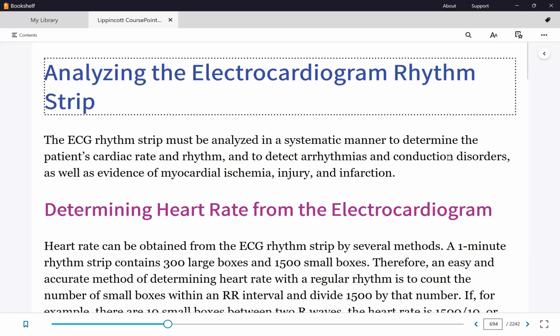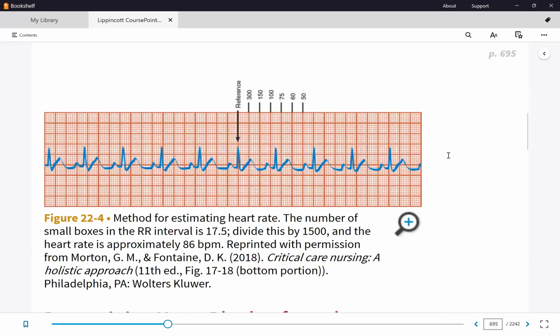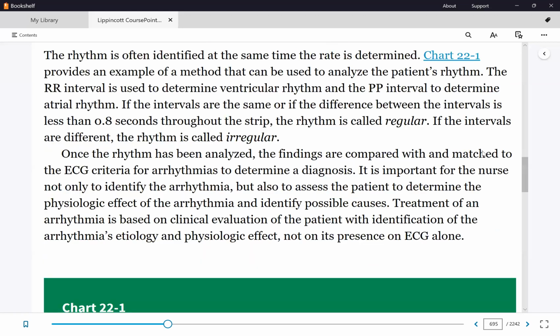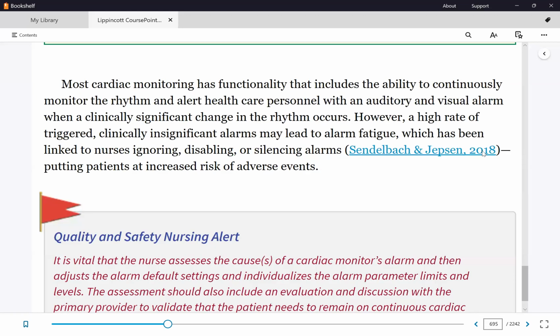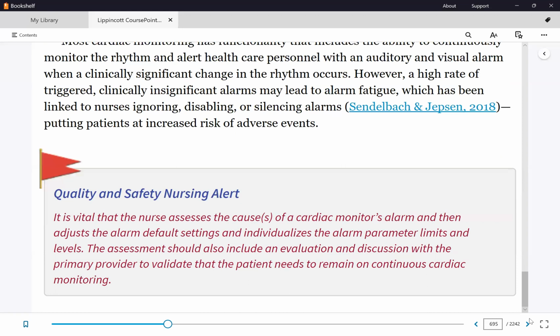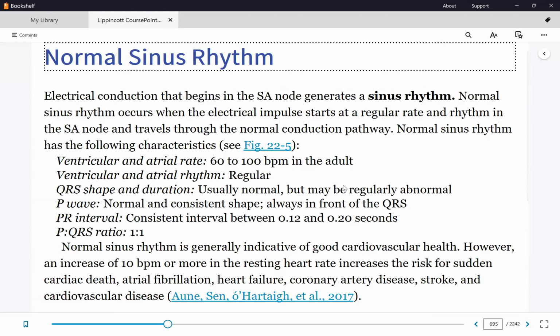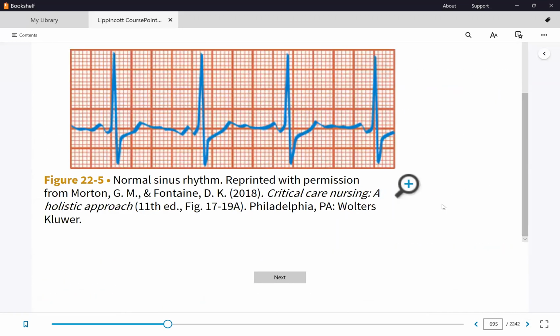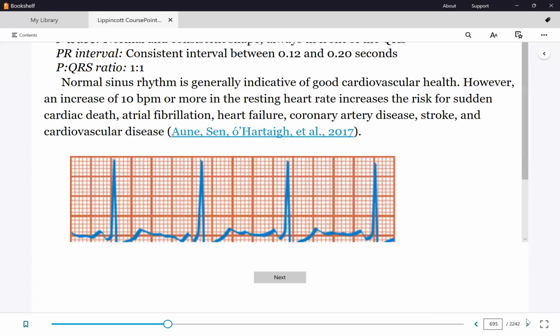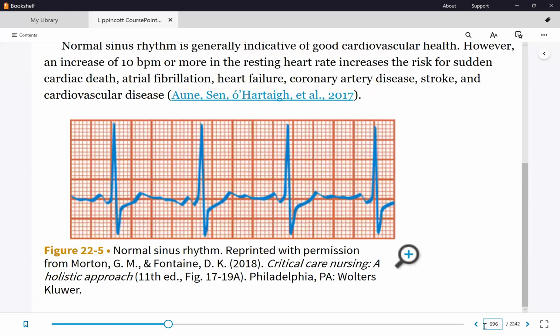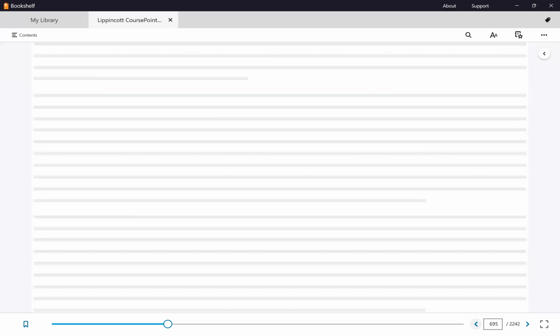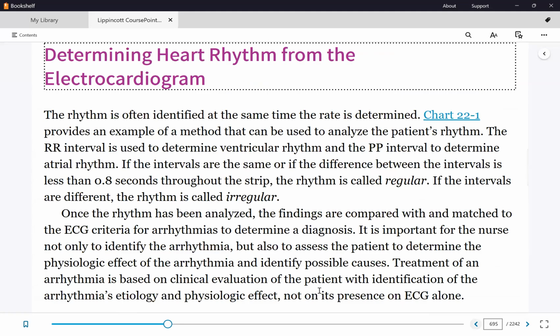Now, how do we know a strip is 6 seconds? There are 3-second markers on a strip. Let me show you an example. There are no good examples here, so I'll show you on the internet.